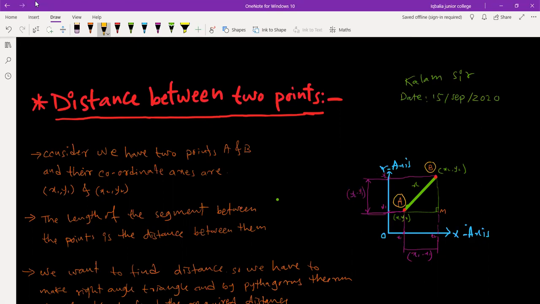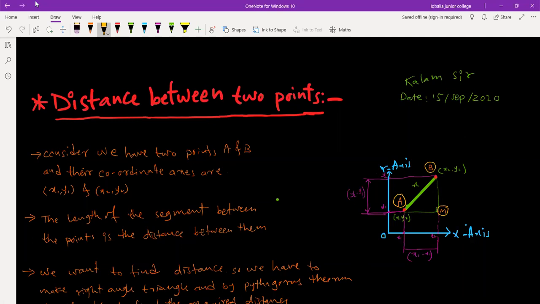I can find it in many ways, but the way we are going to use, in an easy way, is the Pythagoras theorem. And for Pythagoras theorem, we have to use a right angle triangle. So here I made a right angle triangle. I drew a vertical line and a horizontal line, and made a point M. The M point is a 90-degree angle.